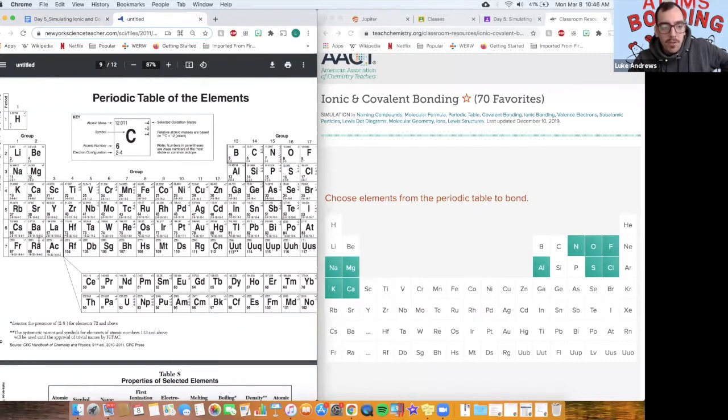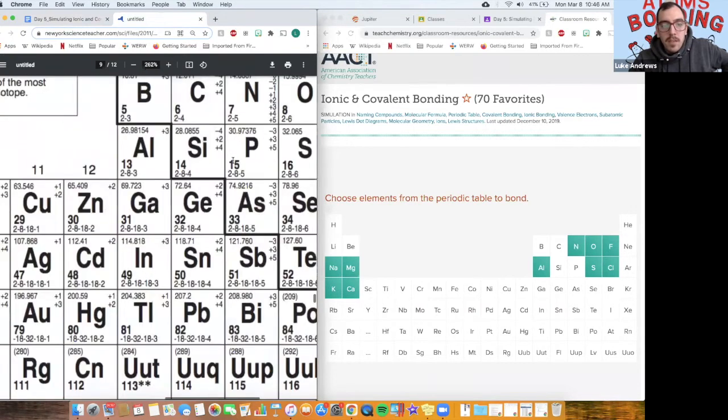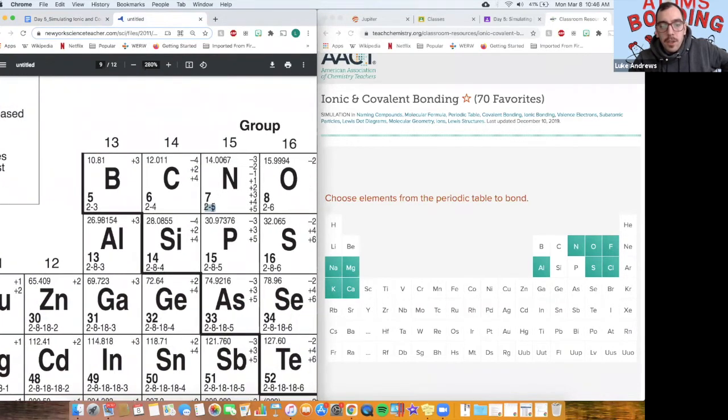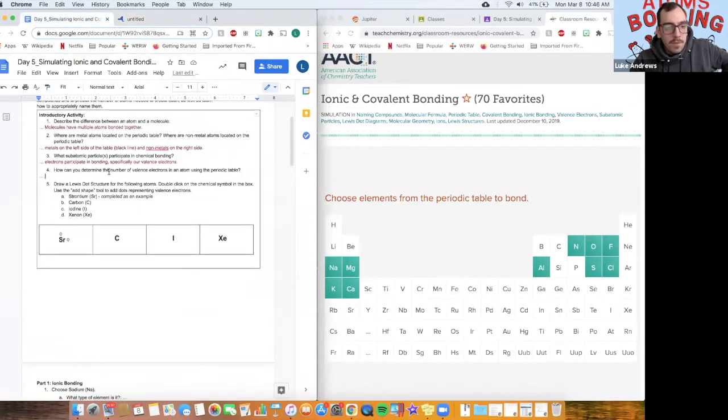Group 2 has 2 valence electrons. Group 13 has 3. Group 14 has 4. Group 15 has 5. So we know by that trend, that pattern. Also, if we zoom in, we can look at the electron configuration and read the valence number right off the table. So I'm not going to write that answer down because I just showed you.